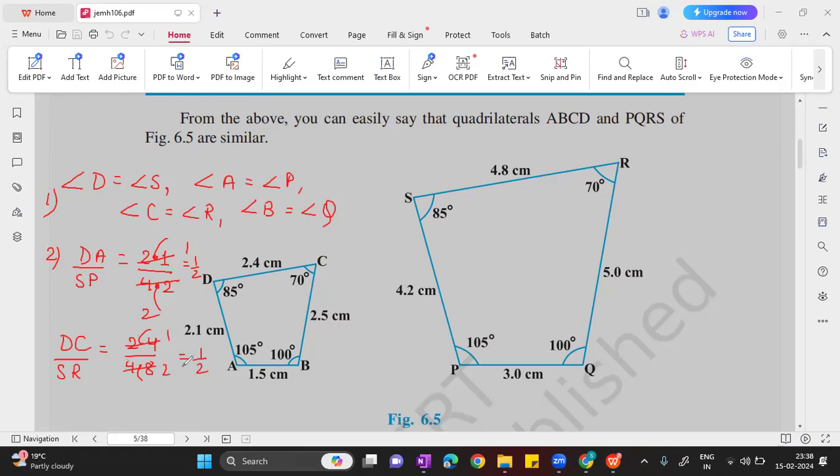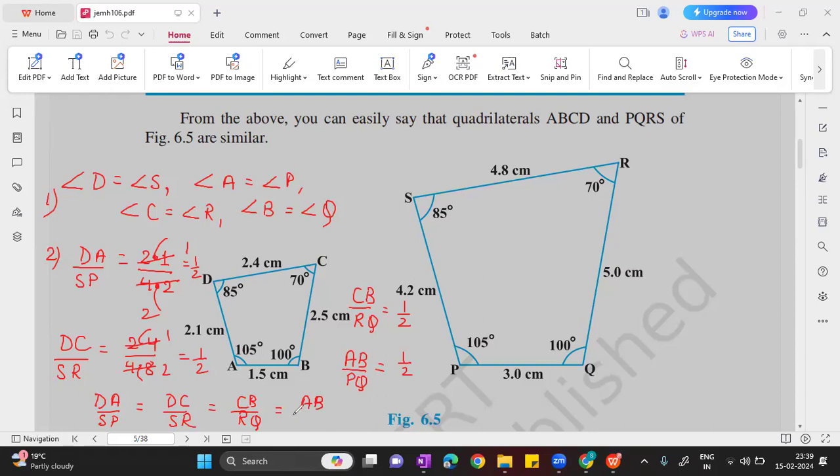So 1 by 2. Similarly, Manya, if you find the ratio of CB by RQ, you will again get 1 by 2 only. And when you find the ratio of AB upon PQ, you will again get 1 by 2 only. So you observe that your second condition is also satisfied. DA upon SP, DC upon SR, CB upon RQ is equal to AB upon PQ.